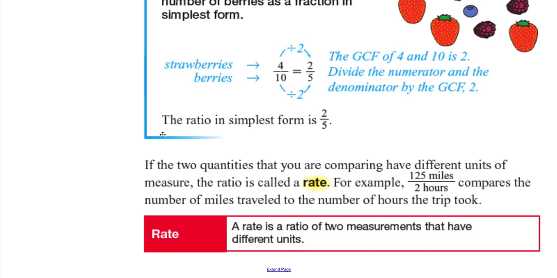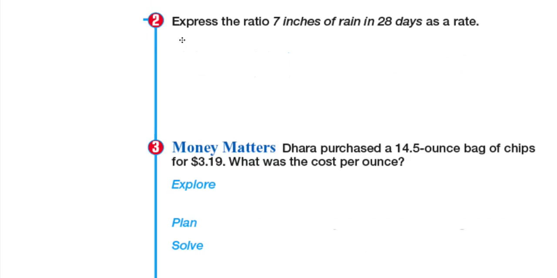Let's take a look at how we apply this. Rates are usually expressed in per unit form. So when we say per unit form, the number in the denominator is 1.